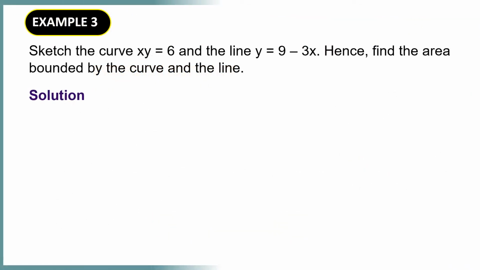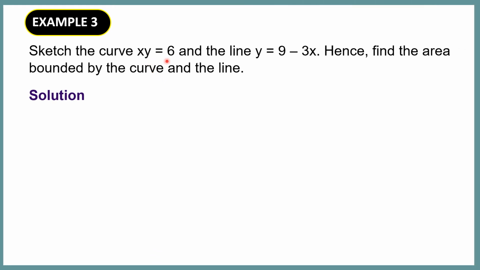In example 3, we are required to sketch the curve xy equals 6 and the straight line y equals 9 minus 3x. Hence, find the area bounded by the curve and the straight line. So the first step is to find the points of intersection between the curve and the straight line.